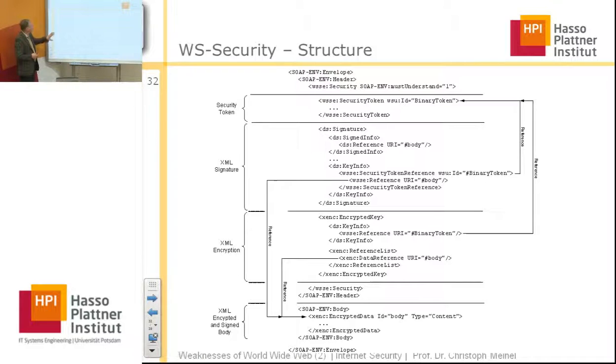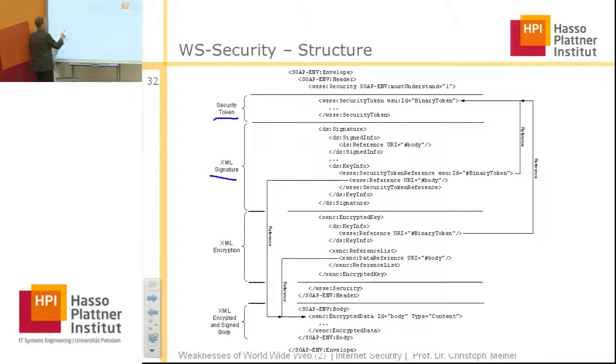And here is an example. Perhaps it's difficult to see, but a little bit to show that there's a lot of formalism to organize this. So here, this part, this is a SOAP message. This message is in a SOAP envelope, and then we start with a security token.